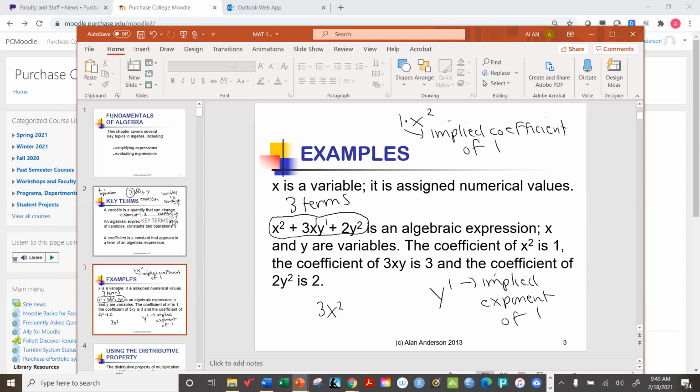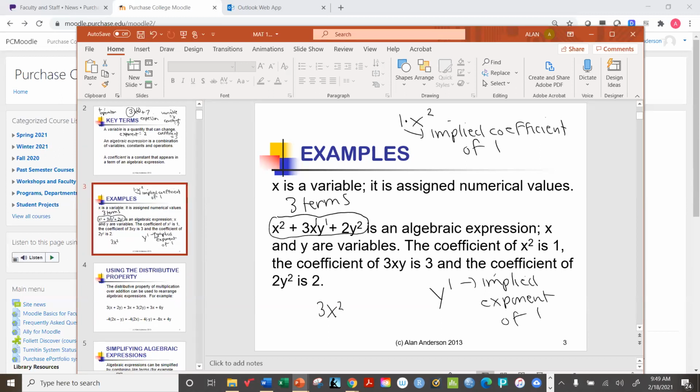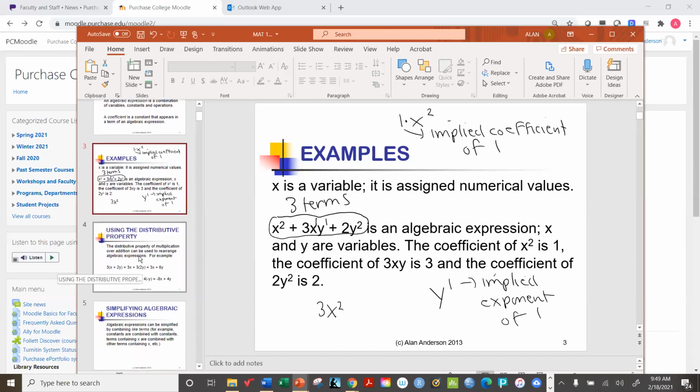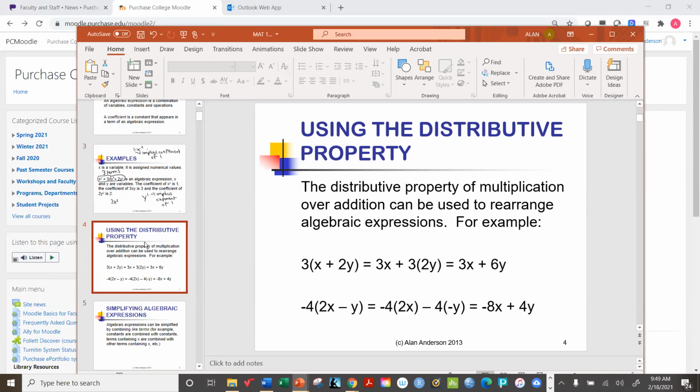All right, now we're going to see how, and this is something we discussed in the last chapter, we're going to revisit an old friend of ours, the distributive property.